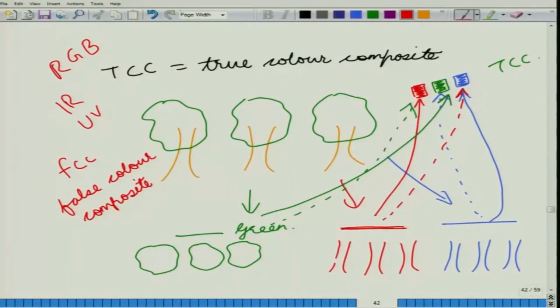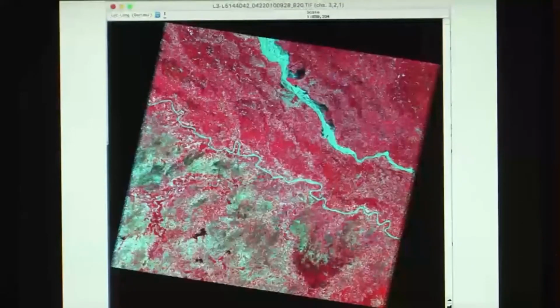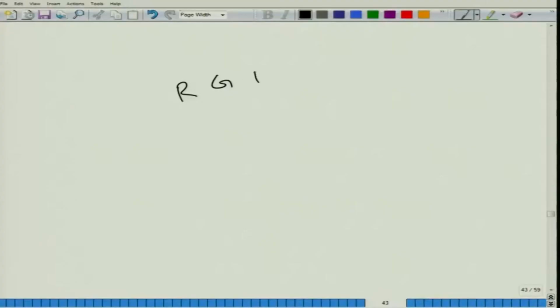This picture on your slide shows you an FCC. So, this is a standard FCC. In the case of a standard FCC, what we do is this. Normally we have R, G and B, and we are showing red here, green here and blue here. In the case of standard FCC, we show infrared, red and green as red, green and blue.